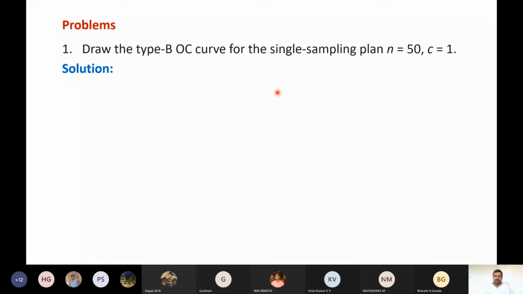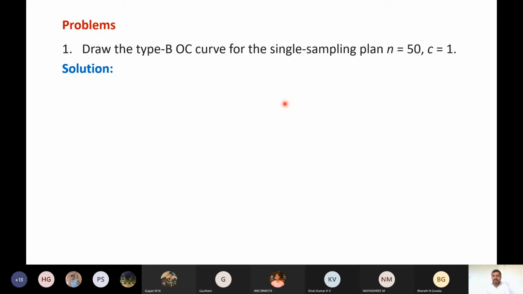In order to draw the OC curve, you should know the values of probability of acceptance. We can find the probability of acceptance by using the equation where we substitute the n value and c value. For the lot fraction defective, you should choose some values. If it is 1% defective, it will be 0.01; 2% defective, 0.02; 3%, 0.03; 4%, 0.04.